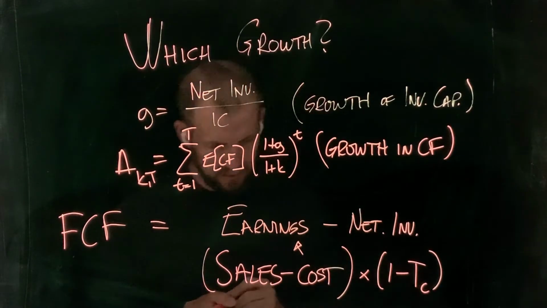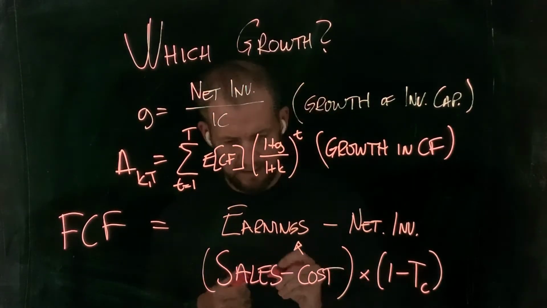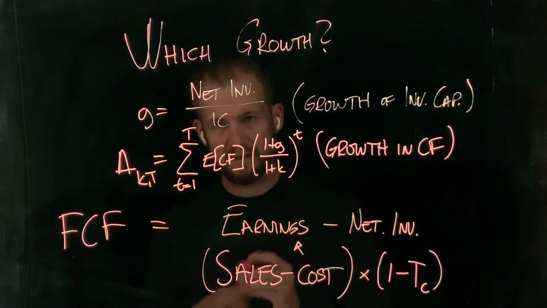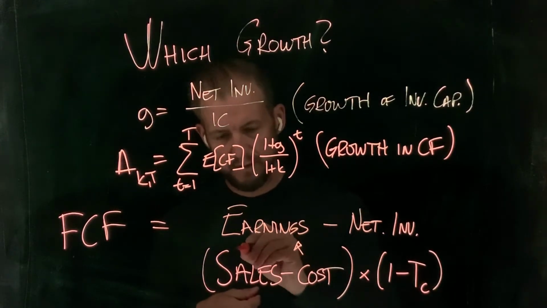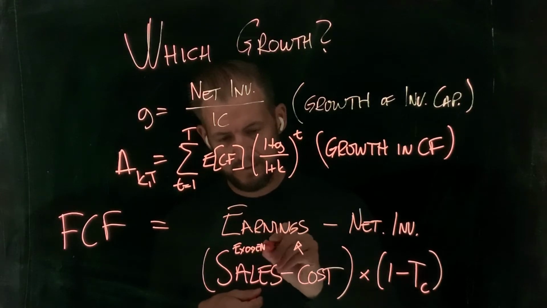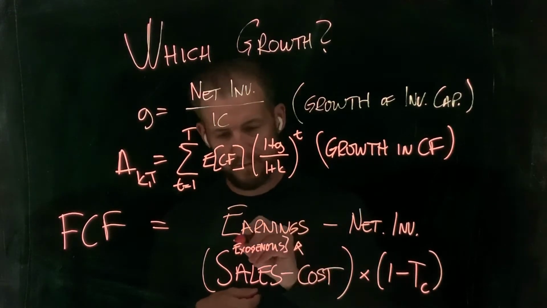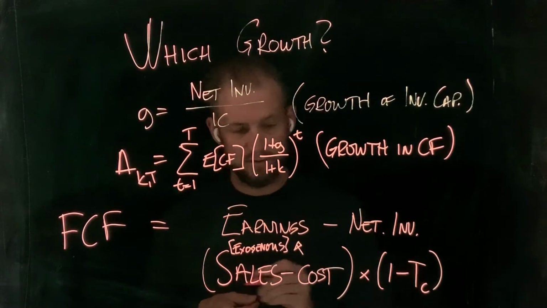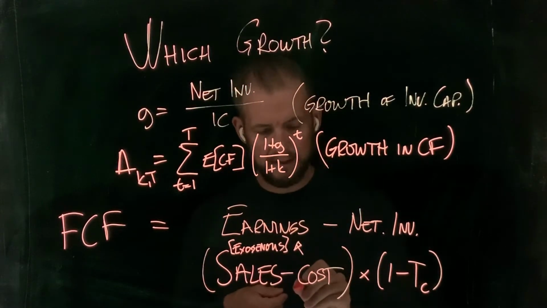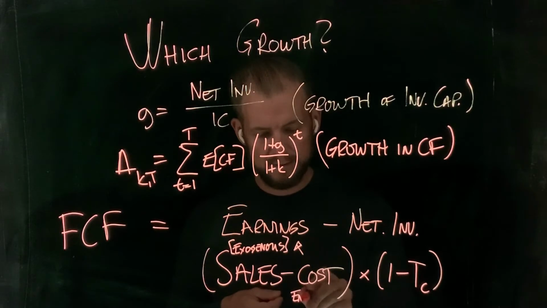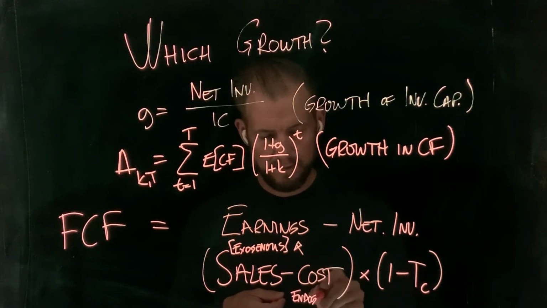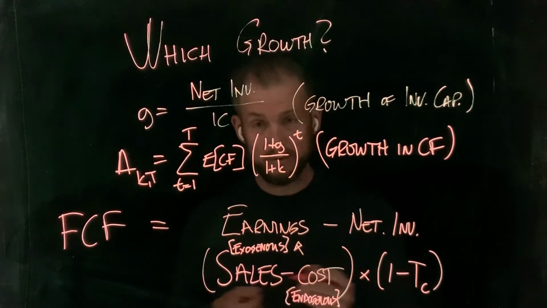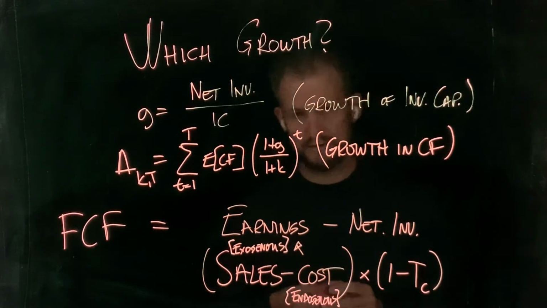Now, if we look at this, sales here to some extent is not decided by us, right? So it's basically exogenous, meaning it is something that we are not in control of. Costs, on the other hand, are endogenous. Which means we do control costs to some extent.